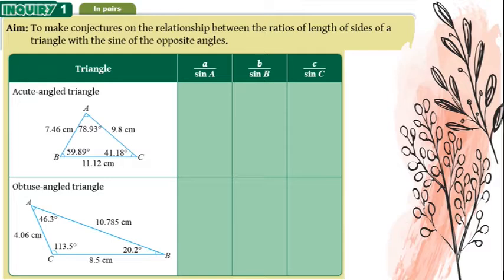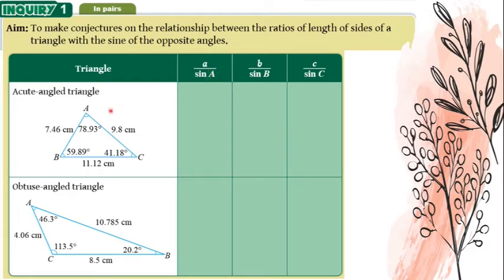There are 6 boxes that you need to fill in. You can refer to this formula: a over sine A, b over sine B, and c over sine C. This is the ratio of the length of a side of a triangle with the sine of the opposite angle.